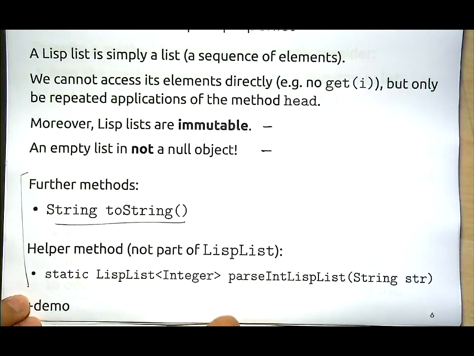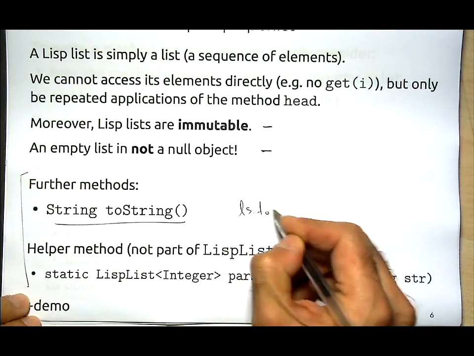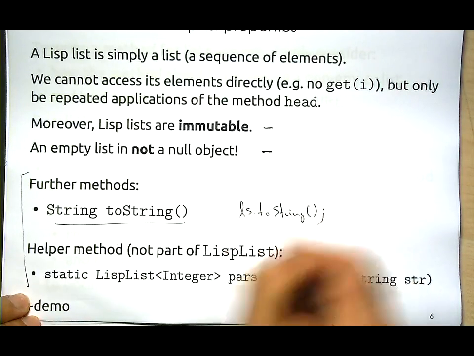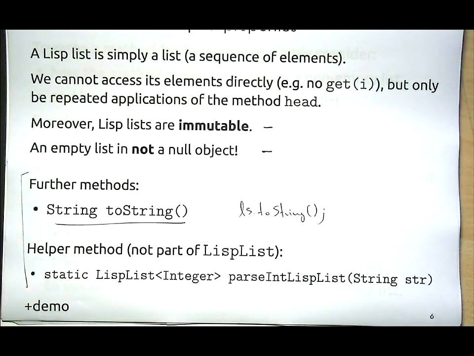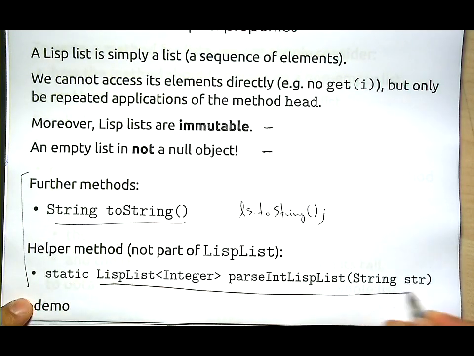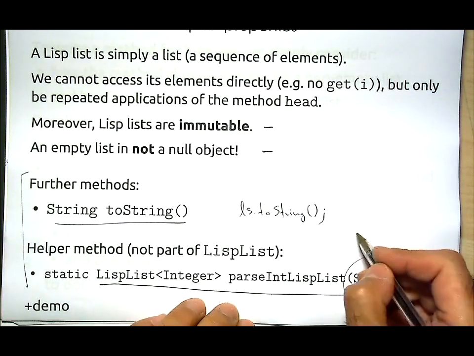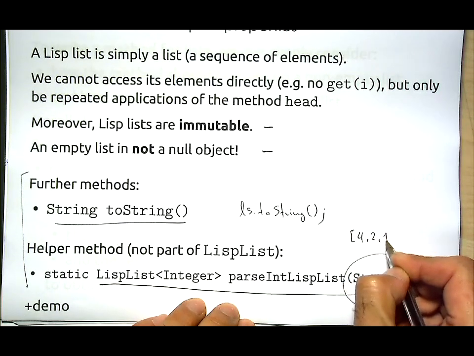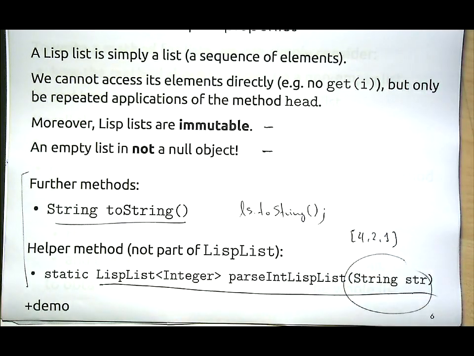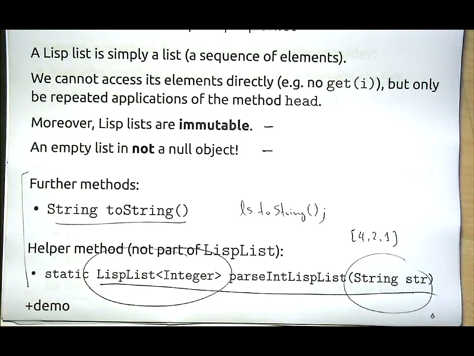You have this method toString, that if you give it a list, it returns a string representation, and if you put a list in a print method, it makes automatic conversion. And we also have this helper method that you give a string that represents a list of integers, like in this way, and it gives you back an object that is a list of integers.